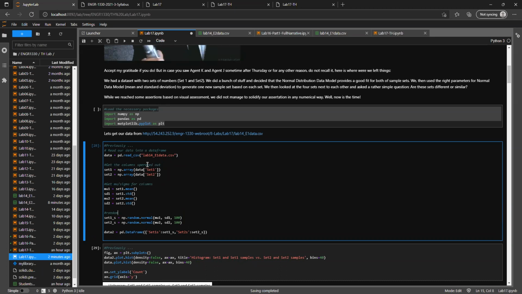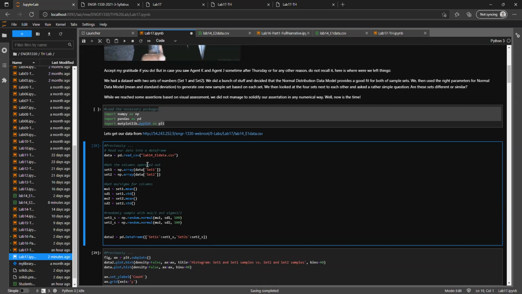Random sample with mu1, 2 and sigma 1, 2. Yes, copy and paste. And then we're going to plot. No, actually, we're going to make a new data frame to plot. All right.